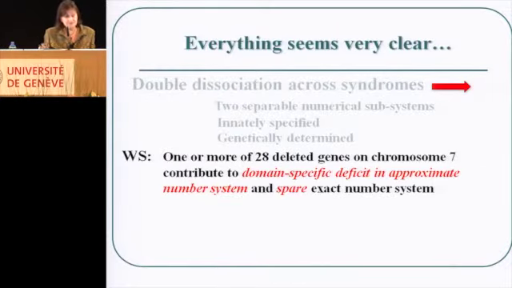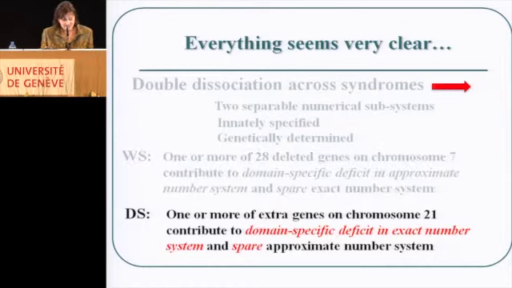So, in Williams syndrome, 1 or more of the deleted genes on chromosome 7 contribute to a domain-specific deficit in approximate number and spare the exact number system. And in Down syndrome, 1 or more of the extra genes on chromosome 21 contribute to a domain-specific deficit in exact number and spare the approximate number system.